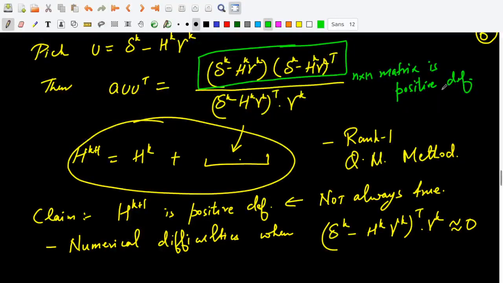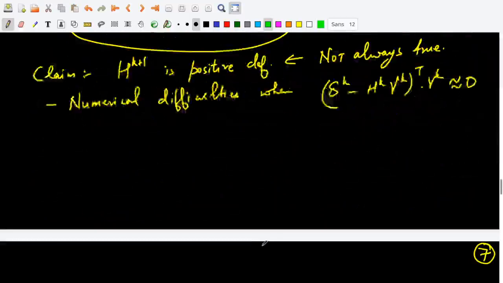So this is positive semi-definite actually, not definite. So if I add it to a positive definite matrix, I will get a positive definite matrix, provided this denominator is positive. If this denominator is close to 0 or negative, then we might run into problems, which might happen occasionally. So this method is not really very useful, and the book actually says that this method was proposed after some rank 2 update methods.